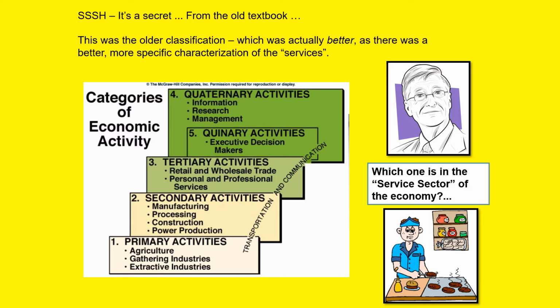And some also distinguish another higher level of economic activity, and that's the quinary activity, and that's the upper level management. Your lower level managers would be in quaternary, and your upper level CEOs would be in quinary.